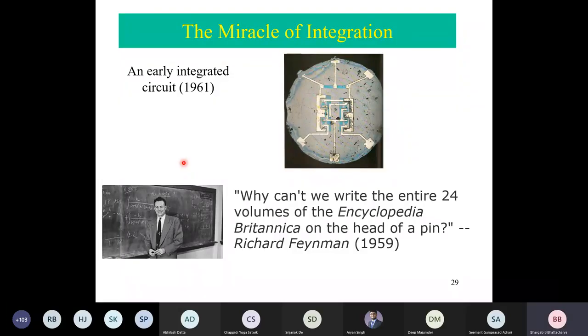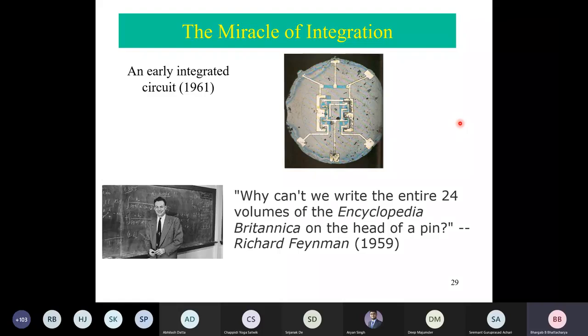And if we look into the technology available today, which we call nanotechnology, that was a dream in 1959, decades ago, but the dream has become reality nowadays. And the first step was to just build this integrated circuit in 1961.